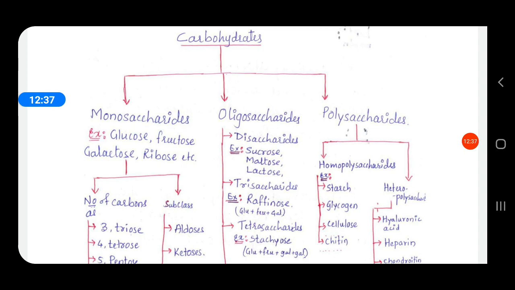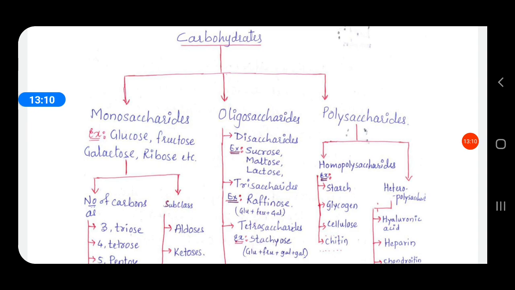Usually we will take 2 to 10 monomer units which are obtained on hydrolysis, then we consider it as oligosaccharides. So for more than 10 monomer units are present, then it is considered as polysaccharides. So oligosaccharides means on hydrolysis, these carbohydrates yields definite number of monomer units.